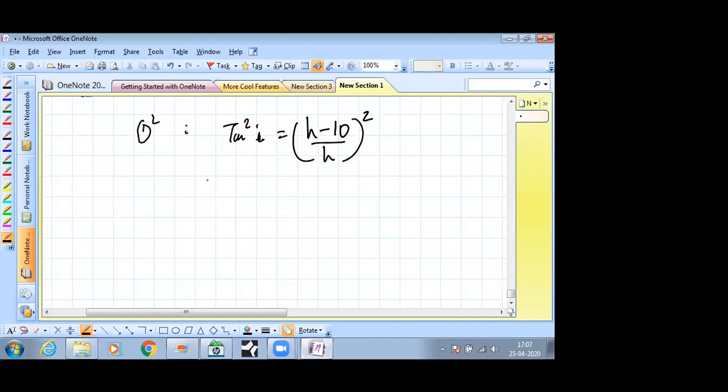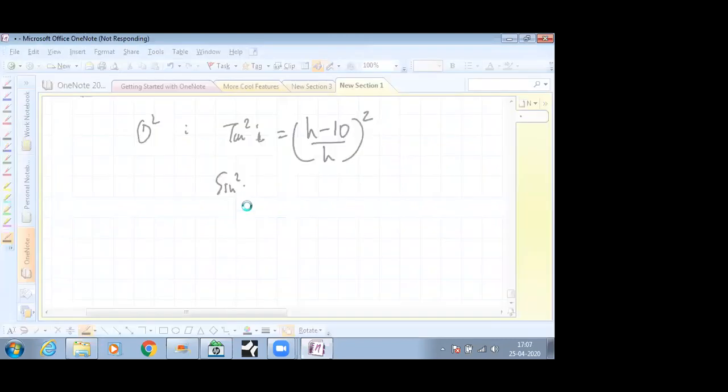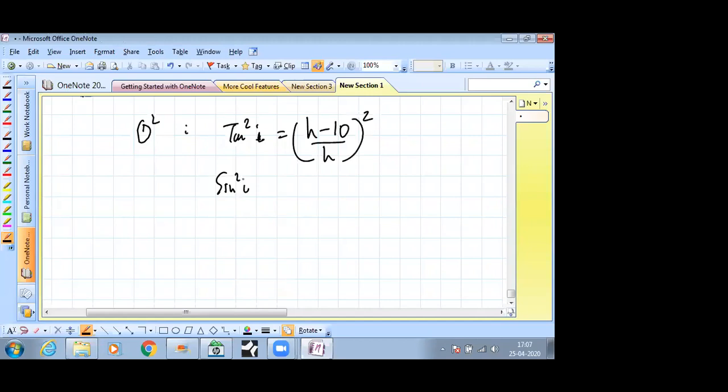Okay. So this is sin square I upon cos square I, so 1 minus sin square I. So it is equal to h minus 10 upon h, the whole square. Okay, so this equation you have.